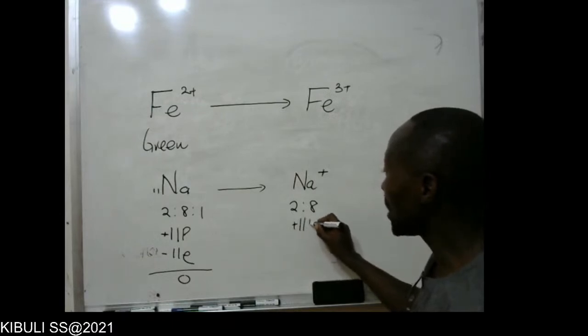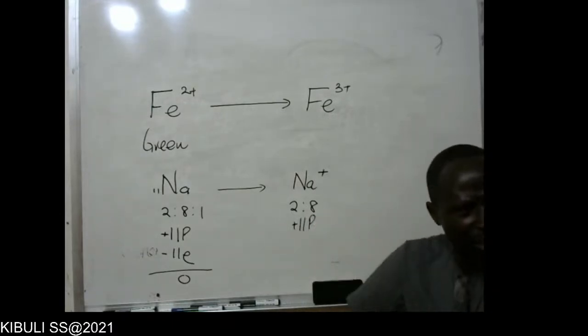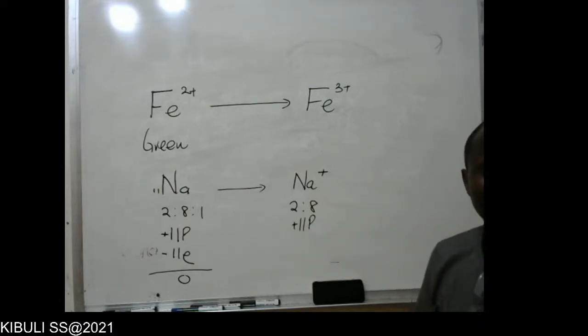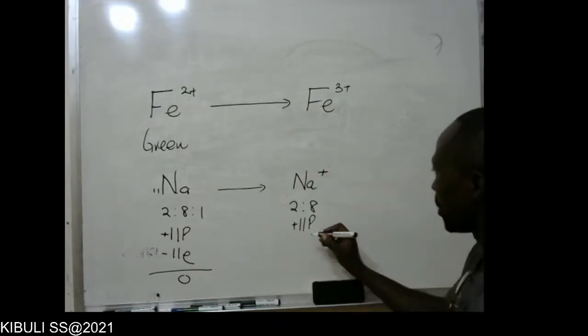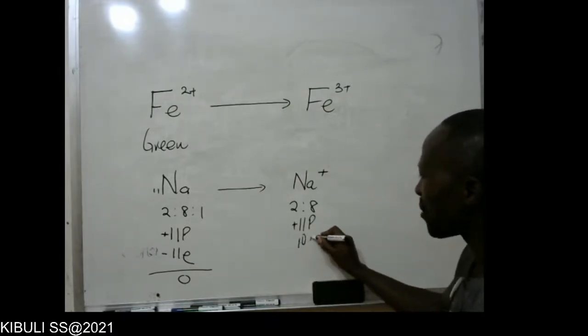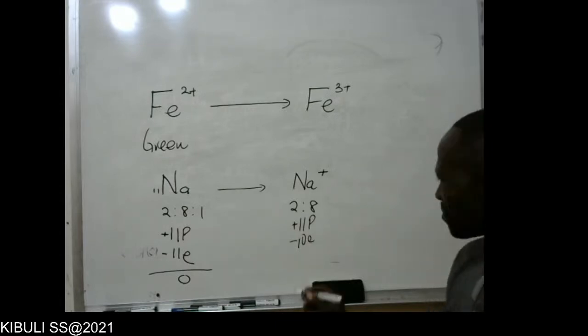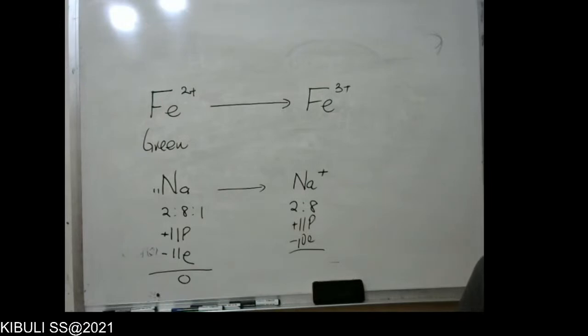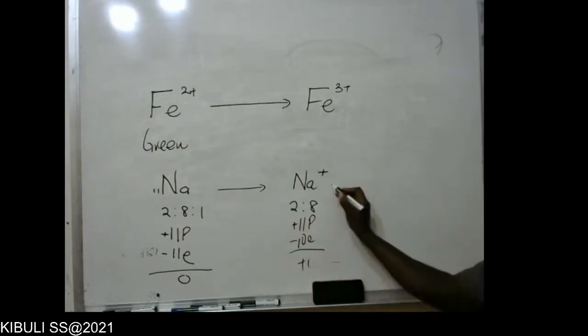Protons have remained 11. We don't lose protons; they're in the nucleus. What is being lost? Electrons. How many have been lost? 1. How many have remained? 10. So mathematically, positive 11 when you add negative 10, what do you get? Positive 1. That's why you see one positive charge.